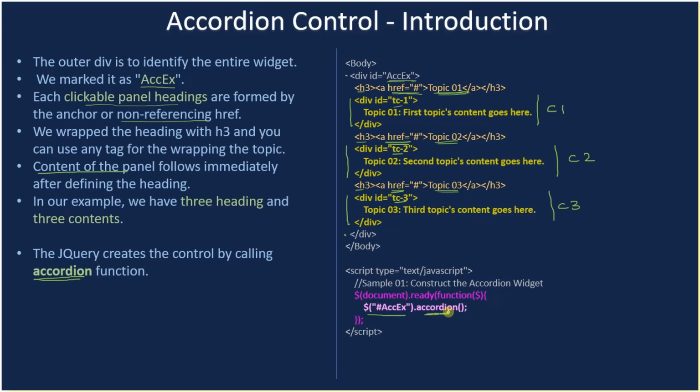Now the jQueryUI API library knows how to pick the non-referencing hyperlink element and its immediate content. And by using these, it will form the accordion. I mean one fold of the accordion. Here if you see, it's a 3-fold or 3 topic based accordion and 3 content. So jQueryUI will do the job for us.